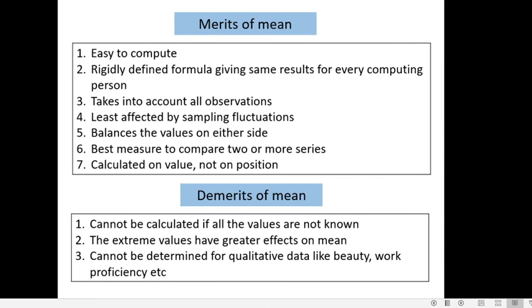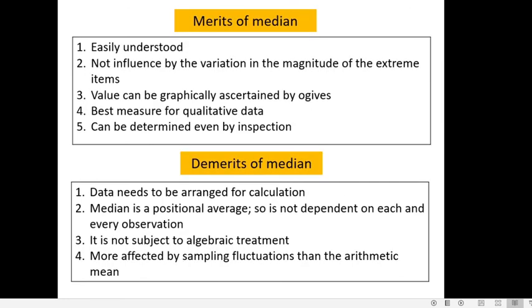Now we will go to the merits and demerits of median. Median is an easily understood value because it is the middlemost of all the observations. It is not influenced by variation in the magnitude of the extreme items. Whatever the extreme values, it will be the central value. The value can be graphically ascertained with the help of frequency curves or ogives, and it is the best measure for qualitative data.